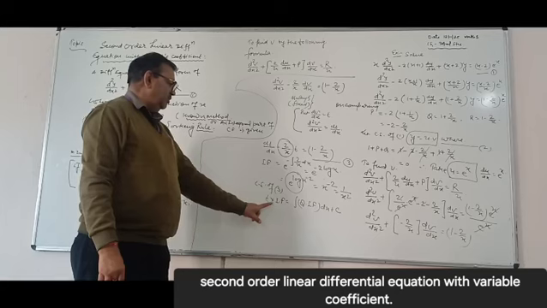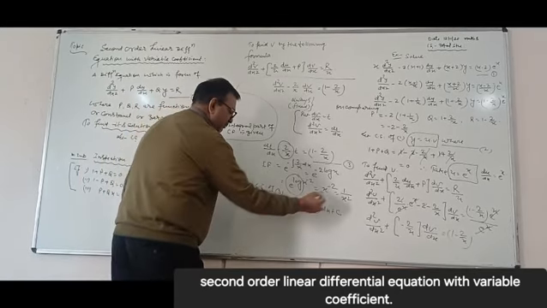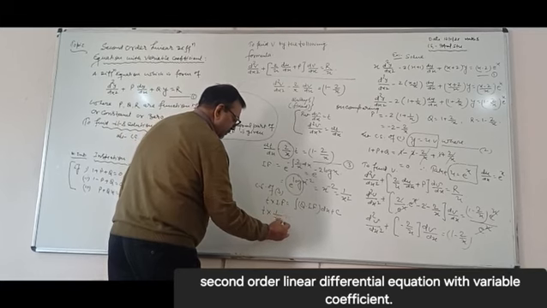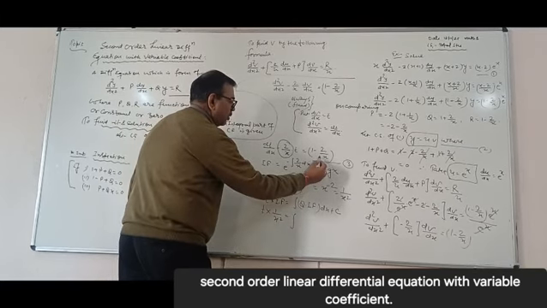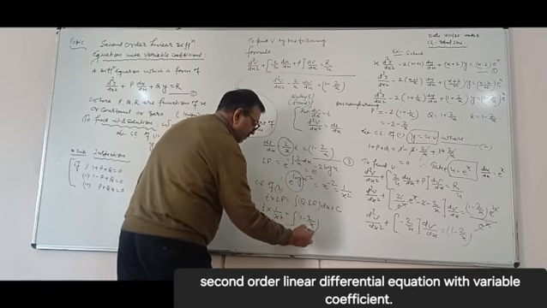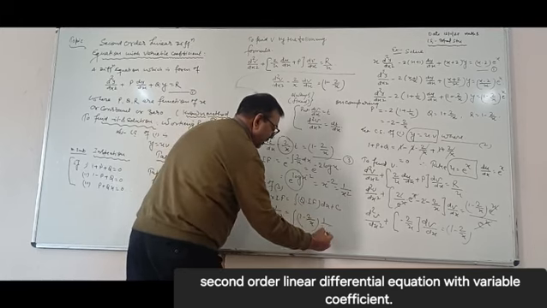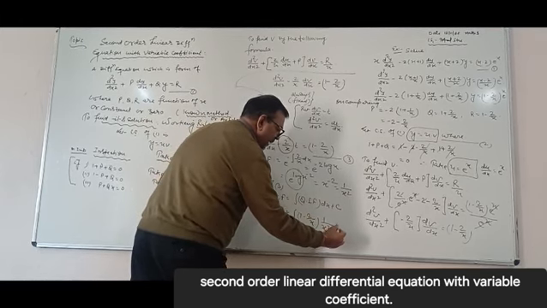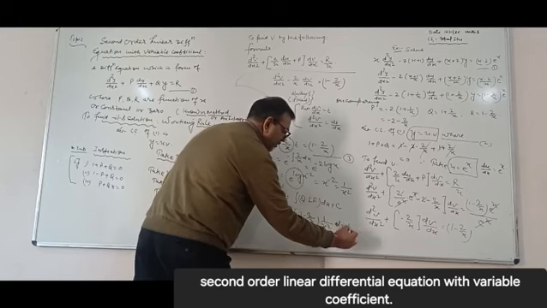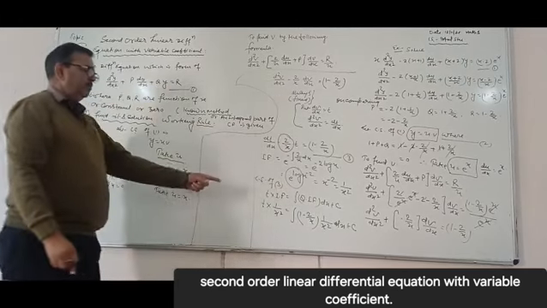So now putting all these values here, t·(1/x²) = ∫(1 − 2x)(1/x²) dx + c.